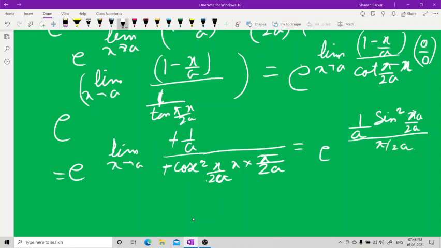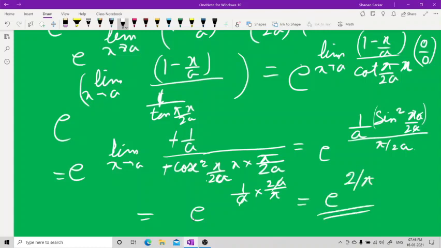Now a cancels, sine pi by 2 is 1, this whole thing becomes 1. So e to the power of (1 by a) into (2a by pi). So a cancels, you get e to the power of 2 by pi. This is your answer.